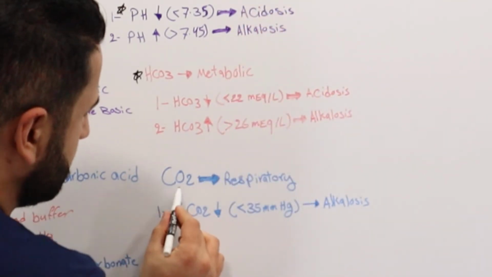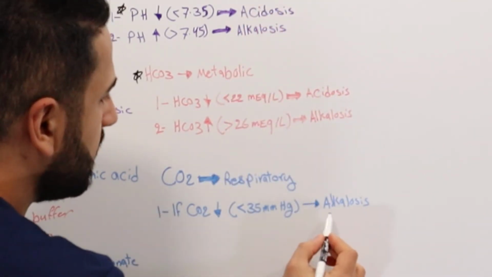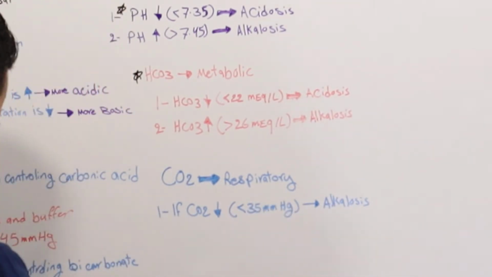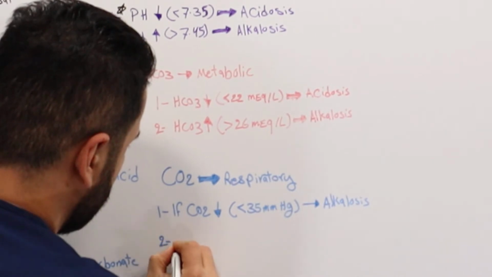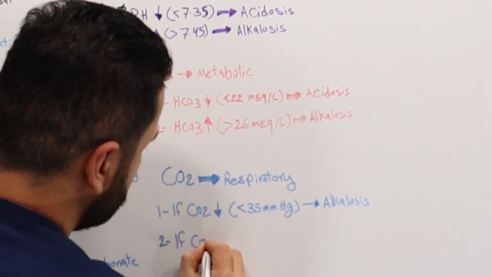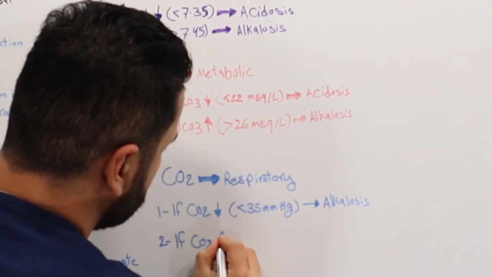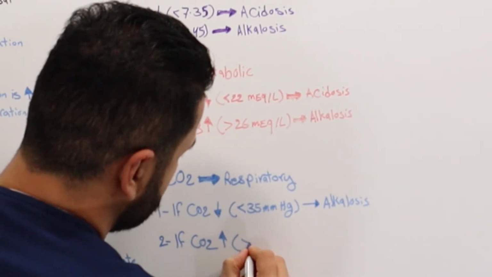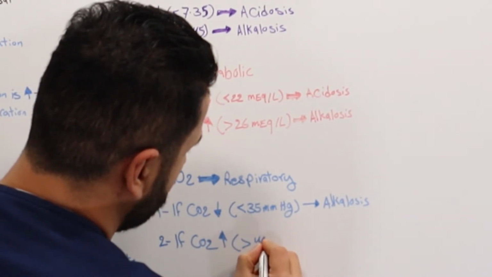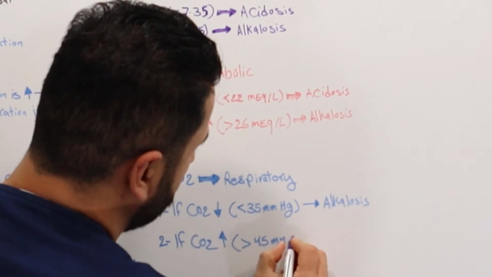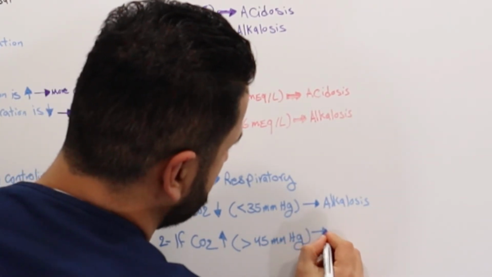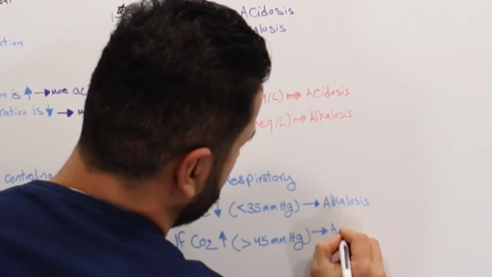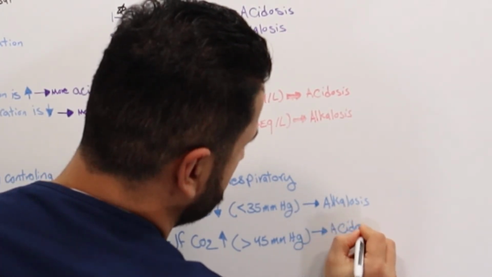In comparison, CO2 is going alkalosis. And vice versa, if CO2 is increasing, which is going higher than 45 millimeters of mercury, this means it's going acidosis.